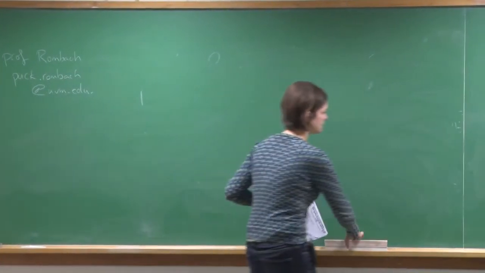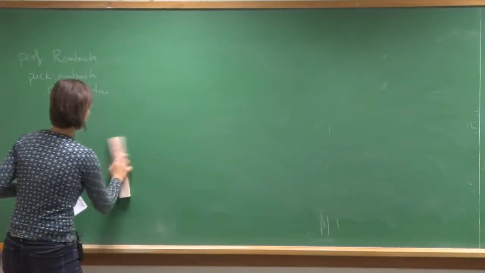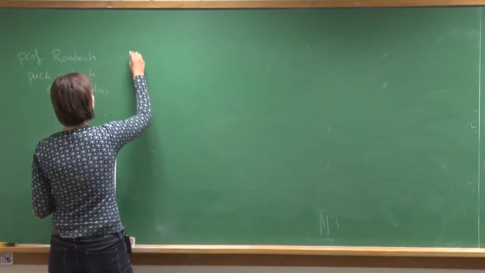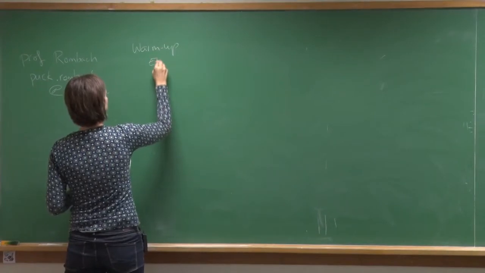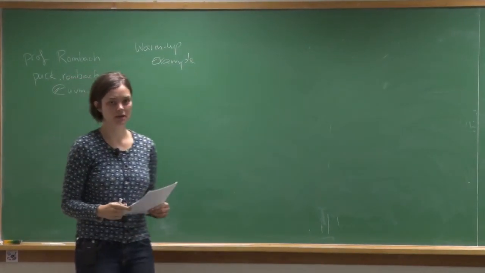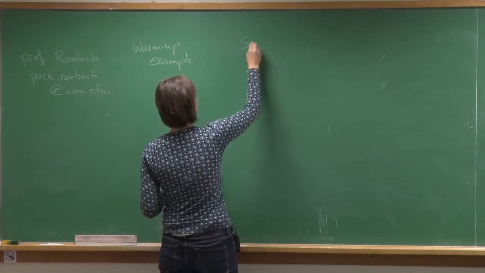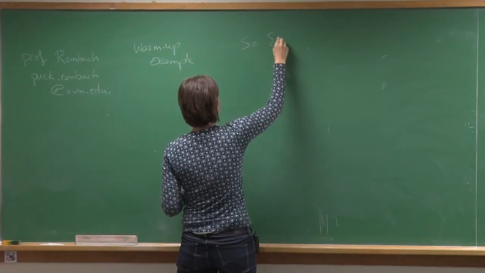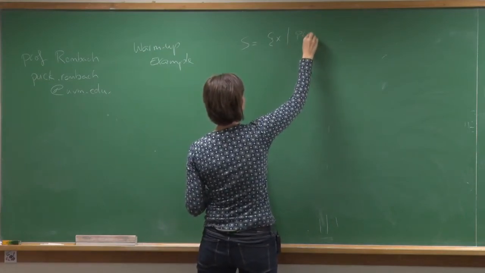I guess he has talked to you about sets, and what sets are, and the way we usually write down the definition of a set, saying something like set S is all of the elements x such that some proposition about x is true.